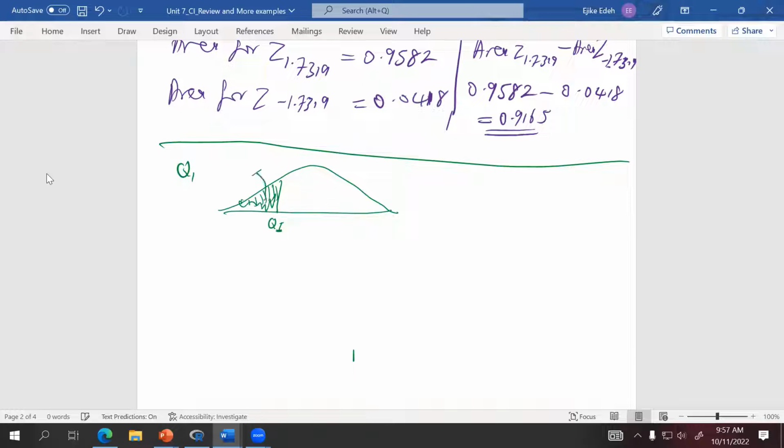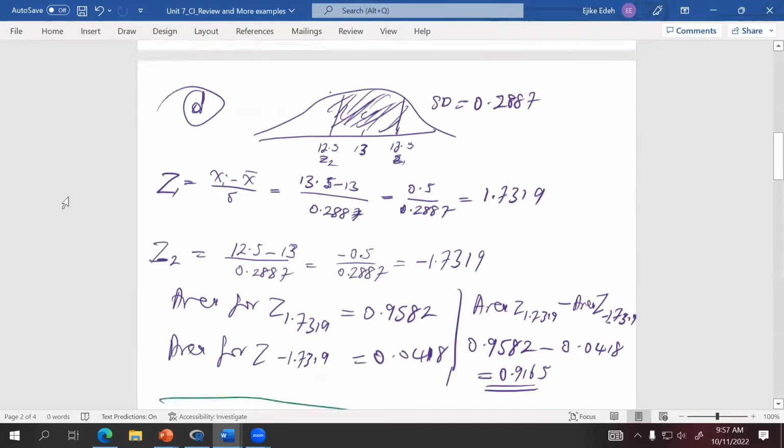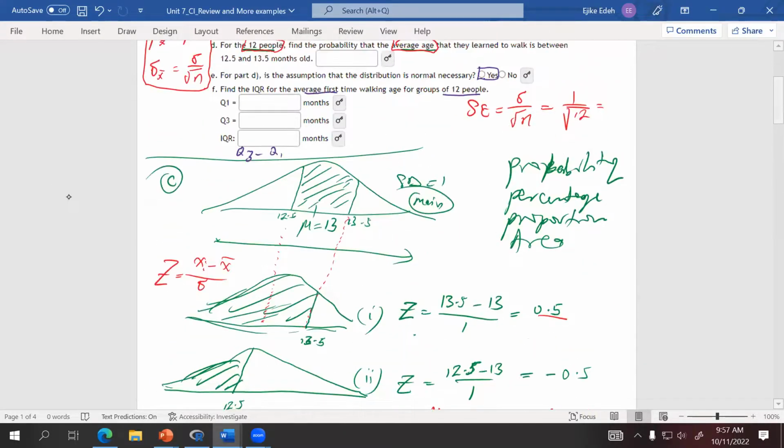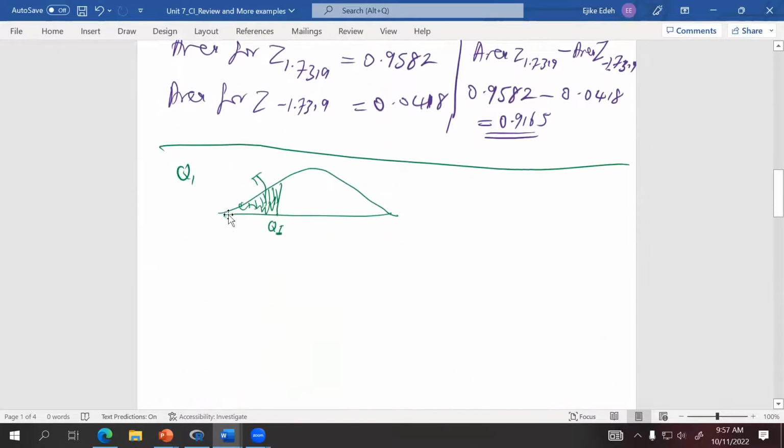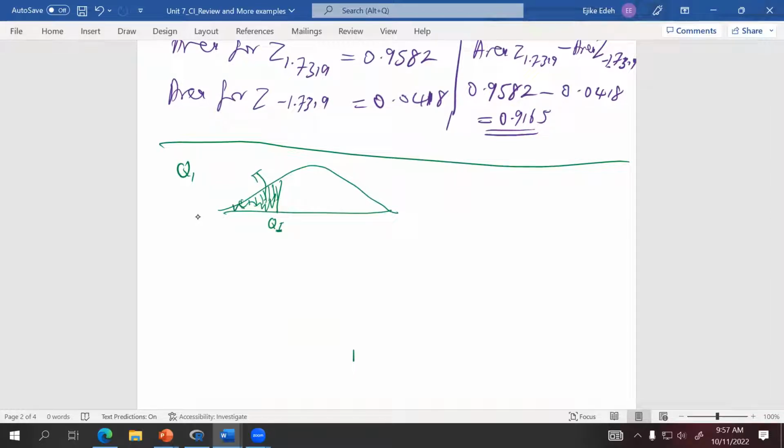Whenever the question mentions area, percentage, or proportion, we are talking about the same thing. So when this question talks about Q1 being the 25th percentile, we know that is area. So this is 25%, which could be represented as 0.25, right? So the question is simply, what is the value here? What is the data point here?